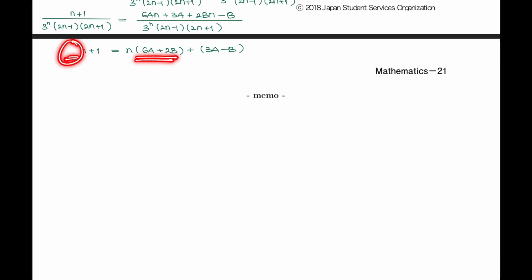From the left-hand side, the coefficient of n is 1. From the right-hand side, the coefficient of n is 6A plus 2B. And then also compare the constant term. From the left-hand side, the constant term is 1. From the right-hand side, the constant term is a term which is independent of n, so the constant term is 3A minus B.